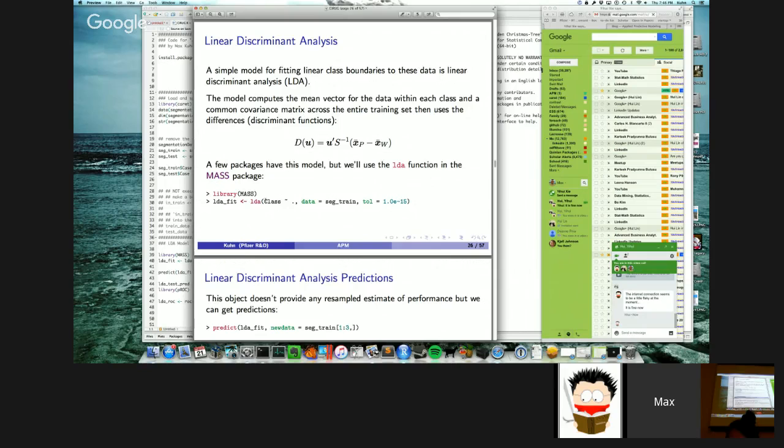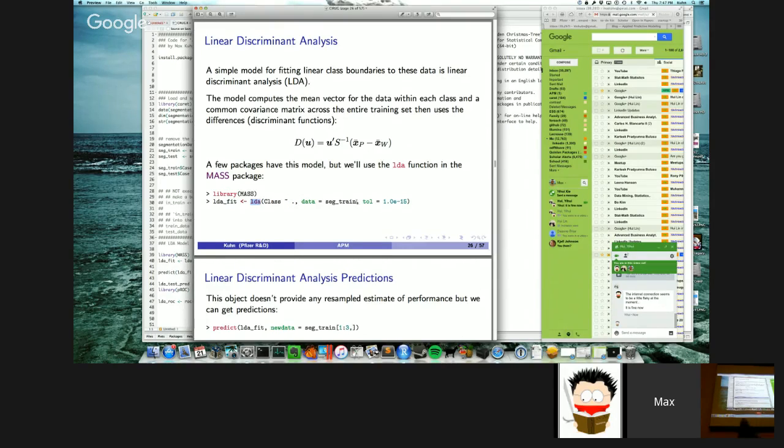But I'm going to use a formula here, and I'm going to say in my segmentation training set, I'm going to try to predict the class column as a function of all the other predictors. I could have a list of predictors here, but the nice convenience is this syntax means predict class based on all the other columns in the model. And that fits the linear discriminant analysis model.